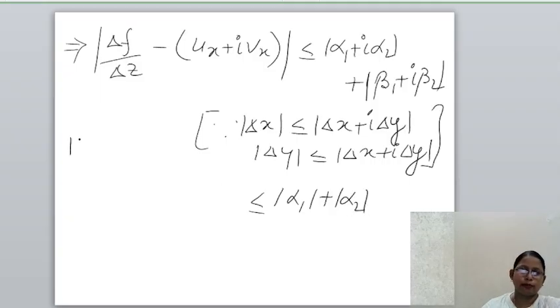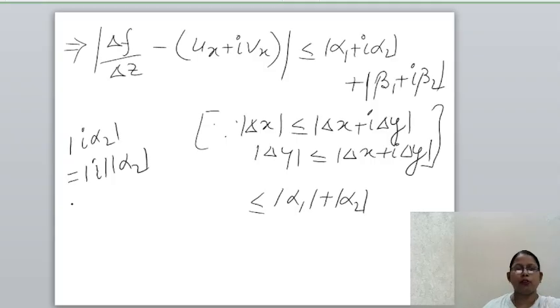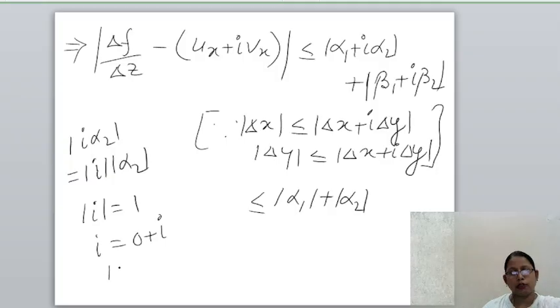Here we have the modulus of iα2, which will be |i| times |α2|. The modulus of i is 1, because i can be expressed as 0 + i, and |i| is the square root of 0² + 1², that is root 1, and root 1 is 1.